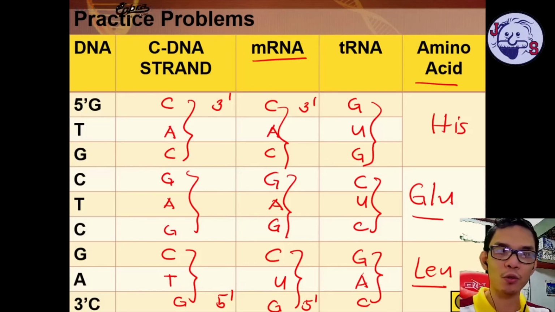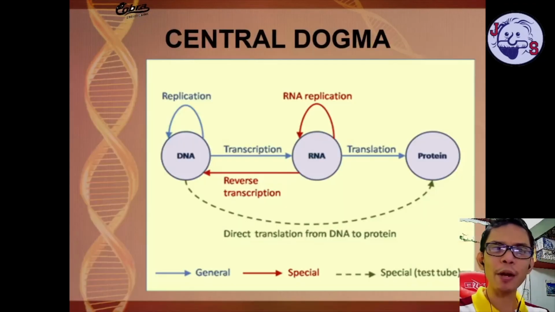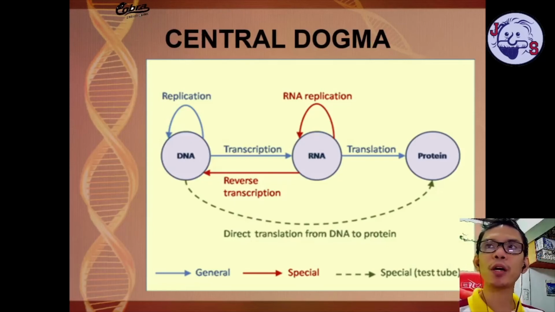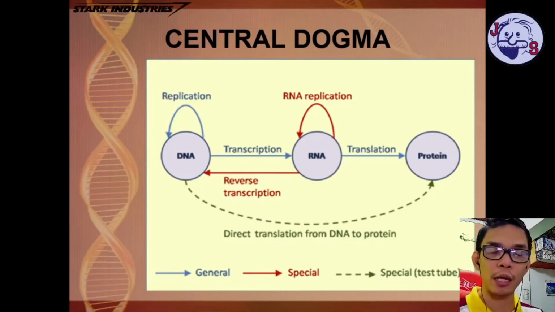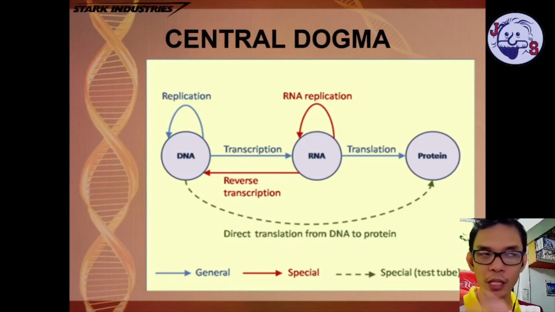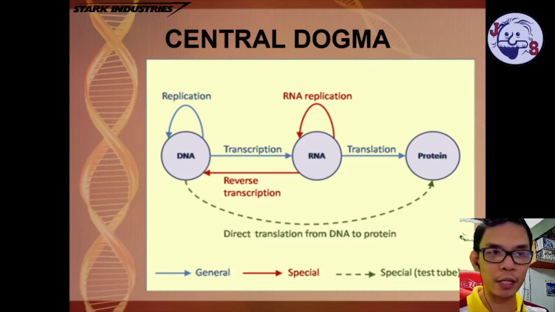Alright, now to summarize everything in this process. We call the overall process that we discussed today the replication and protein synthesis. We called it the central dogma. So what do we mean by the central dogma?